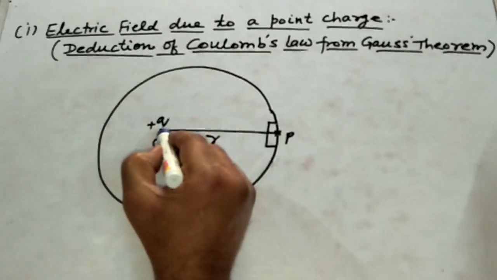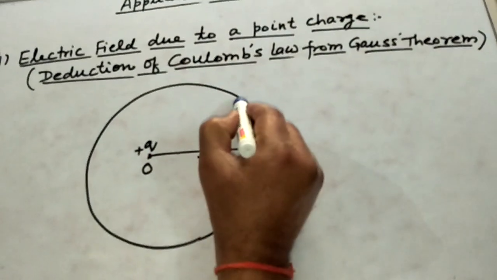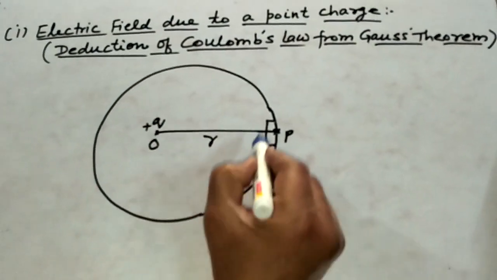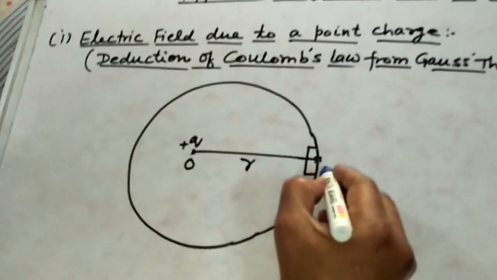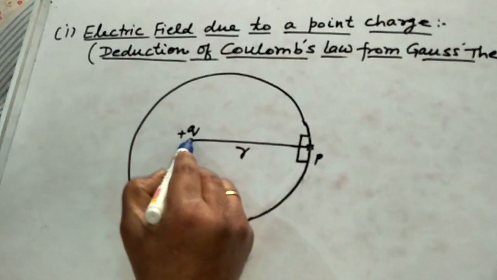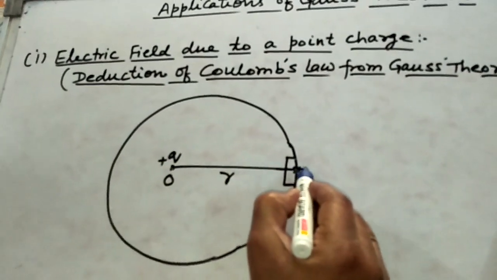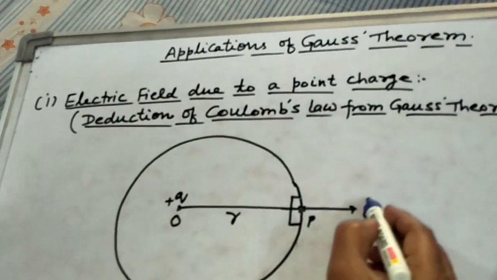Remember this, the electric field or the electric lines of force due to this charge are always perpendicular to the surface. It means parallel to the area vector. Electric field due to this charge plus Q at this point P will always go outward. This is the direction of the electric field.